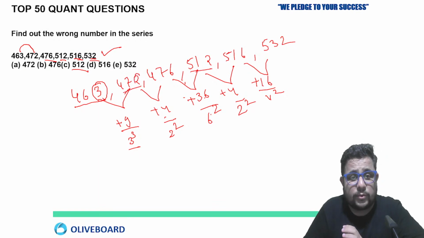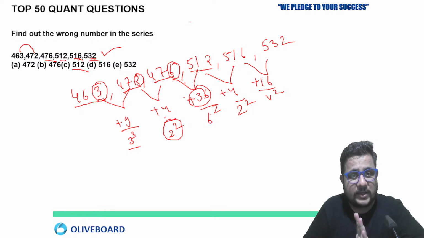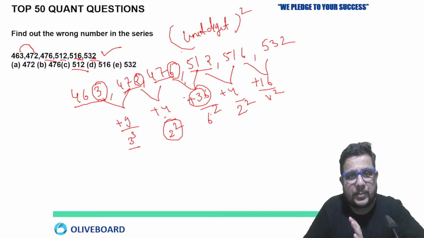Now 472, the unit digit is 2. 2 square you added to get 476. Now in 476, 6 is the unit digit, so 6 square we added. Now you got the concept. The unit digit square of the previous number, when you add it to the number, you get the next number.